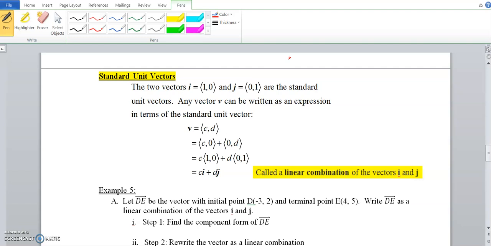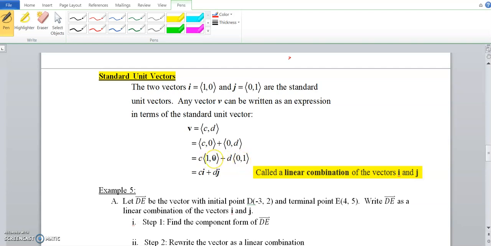Once we have vector v from c, d into two separate vectors, c, 0 and 0, d, we're going to factor out c in the first vector, so c times 1, 0, and d times 0, 1.